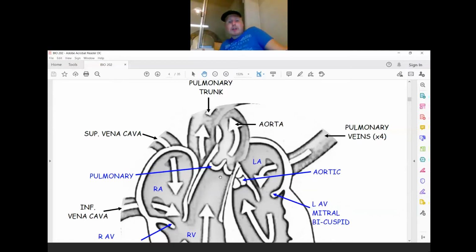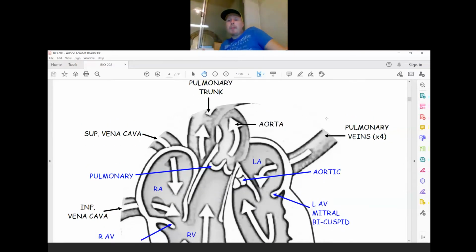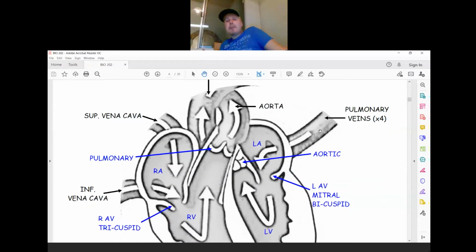So now the deoxygenated blood is going to go up the pulmonary trunk to the lungs. It's going to get oxygenated there, and it's going to return back to the heart through our pulmonary veins. So this blood will now be oxygenated. This is the only time that we see oxygenated blood flowing in the veins. Normally it's going to be de-oxygenated, but the pulmonary circuit makes an exception there.